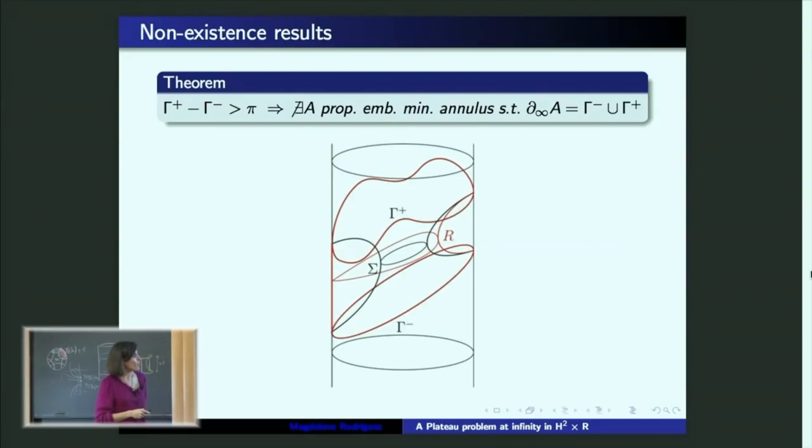Take this area minimizing disk, and now consider a hyperbolic translation from this point to the opposite one. What is happening at the boundary curves at infinity, upstairs, downstairs, is that they are flatter and flatter. They are very flat, and everything else is accumulating on the opposite side.